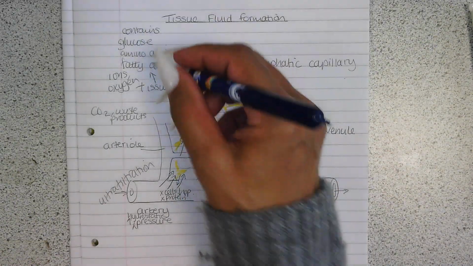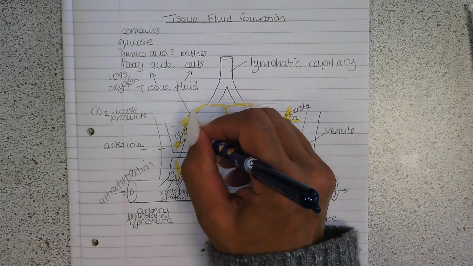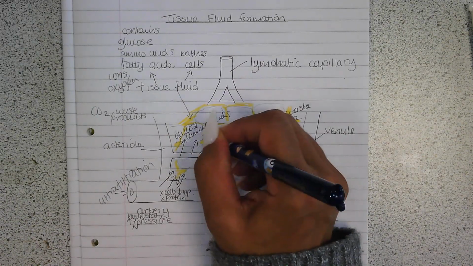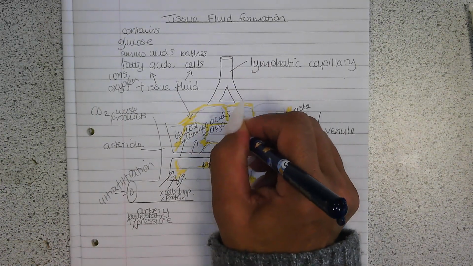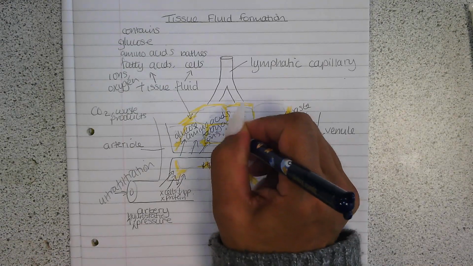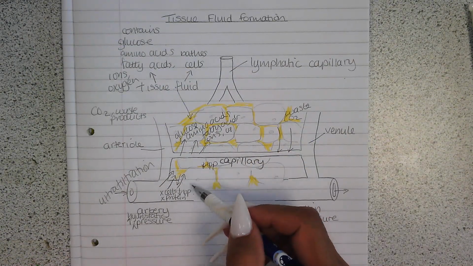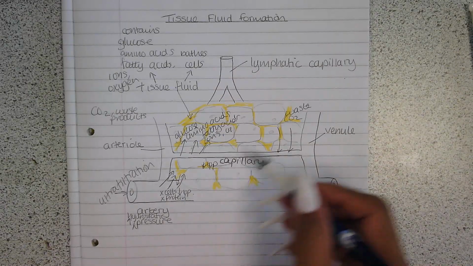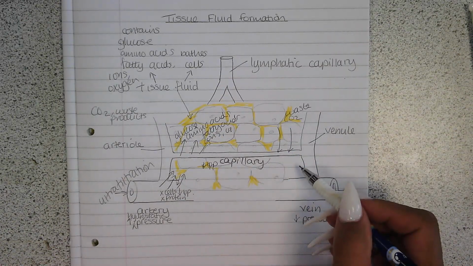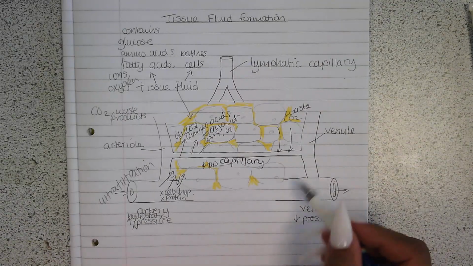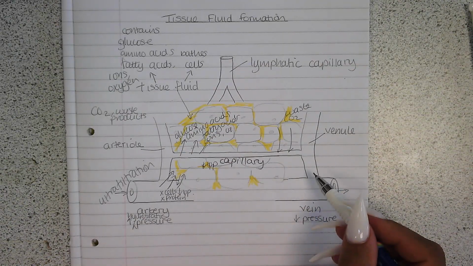So we'll put here glucose, amino acids are forced out. Ions, O2. So all these things are forced out. The cells and proteins stay behind. The waste products are forced back in at the venule end here.